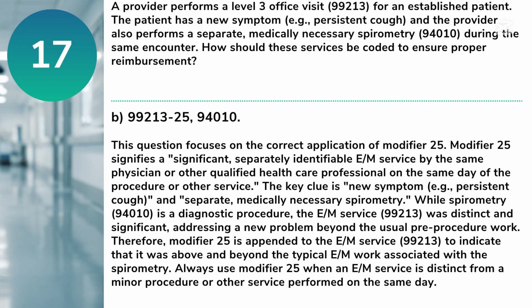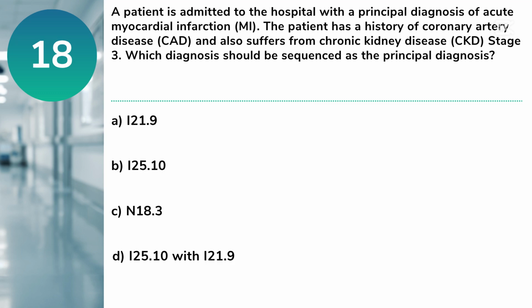Always use Modifier 25 when an E/M service is distinct from a minor procedure or other service performed on the same day. Question 18. A patient is admitted to the hospital with a principal diagnosis of acute myocardial infarction, MI. The patient has a history of coronary artery disease, CAD, and also suffers from chronic kidney disease, CKD, stage 3.